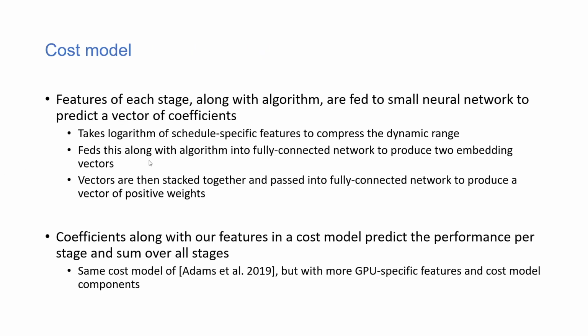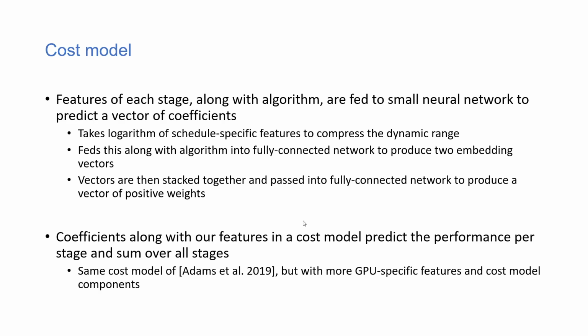Now let's talk about the cost model. As mentioned before, this is a neural network that takes as inputs the features from both the schedule and the algorithm to predict the performance. It would have been nice if the paper showed a snapshot of the neural network used for this. At the very least, show exactly what the inputs and outputs are and the types of the network.